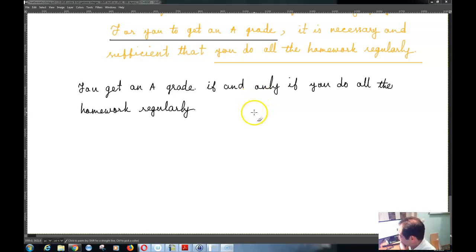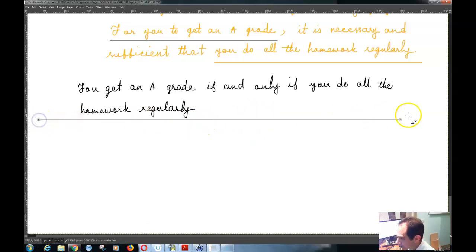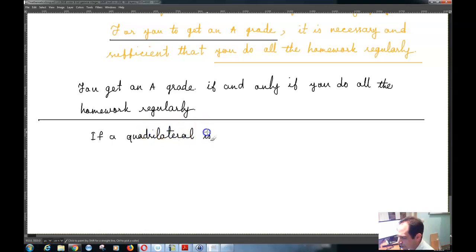So the next statement that we have is: if a quadrilateral is equiangular, then it is a rectangle. Equiangular means that the measures of all the angles in the quadrilateral are the same.